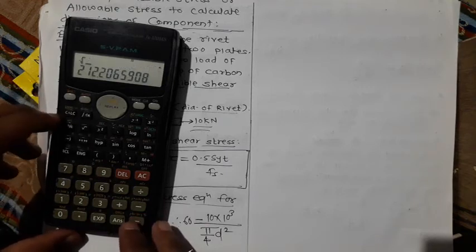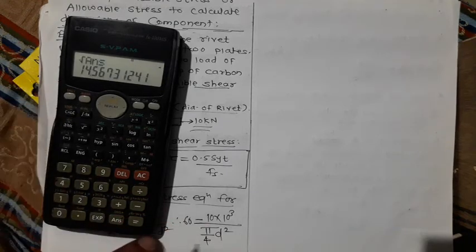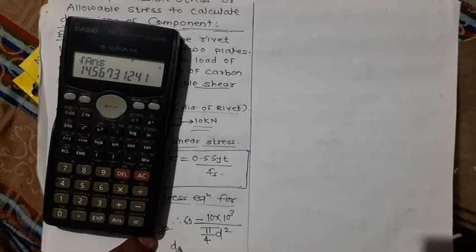Answer, it is 14.56 mm. So this is the diameter of rivet.